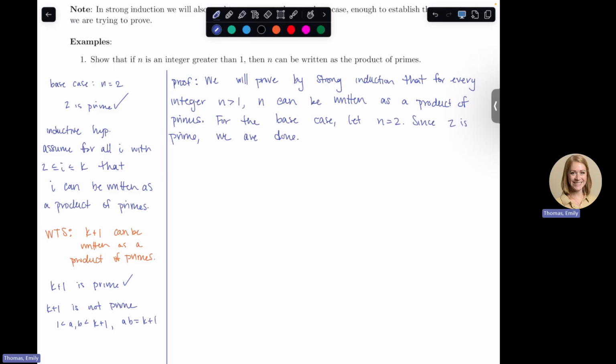We're trying to show it's a product of primes. It is prime, so it's a product of primes. Okay, so for the inductive hypothesis, assume for all integers i with 2 less than or equal to i less than or equal to k that i can be written as a product of primes.